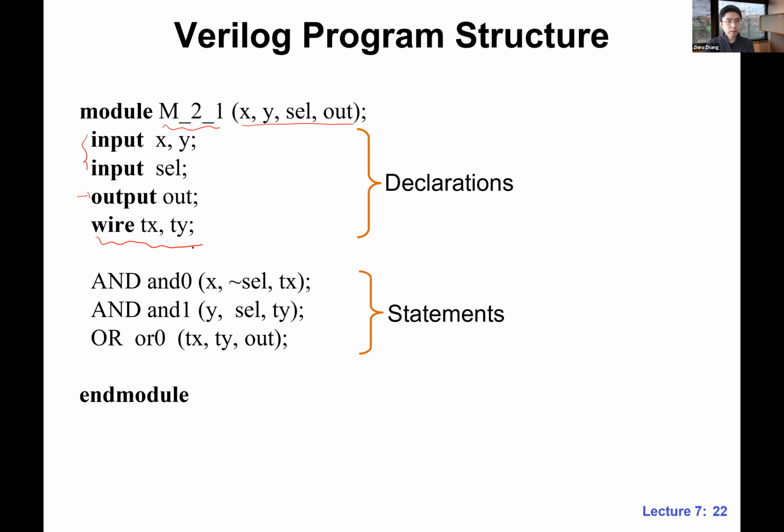Later on, we'll see that we use either wire or reg to specify internal signals. We can also use reg for output in some cases, but in most cases we'll just use reg as an internal signal. And we have some statements which specify what exactly we want to compute.